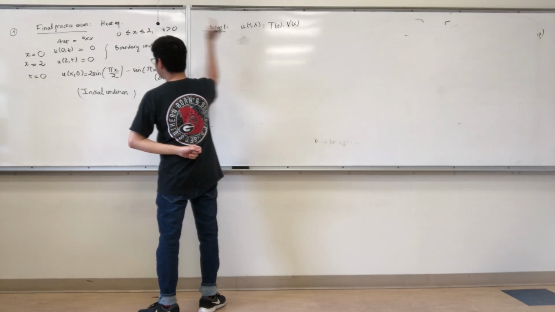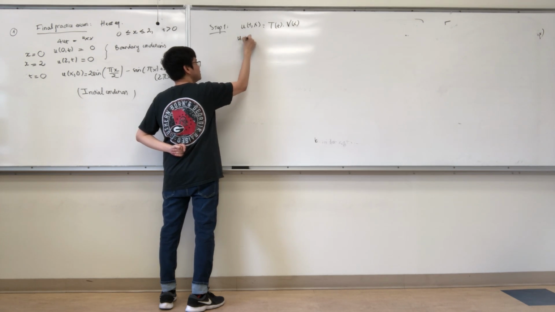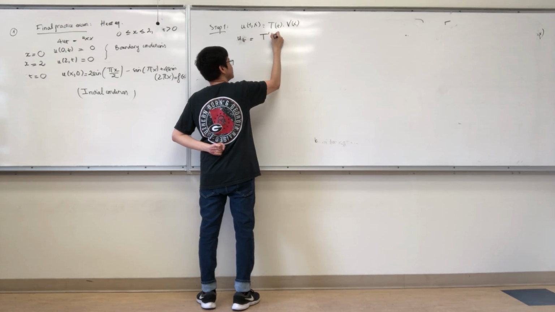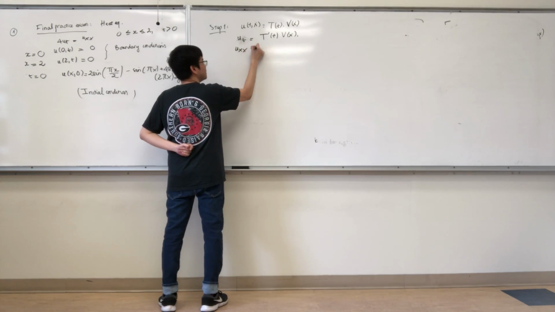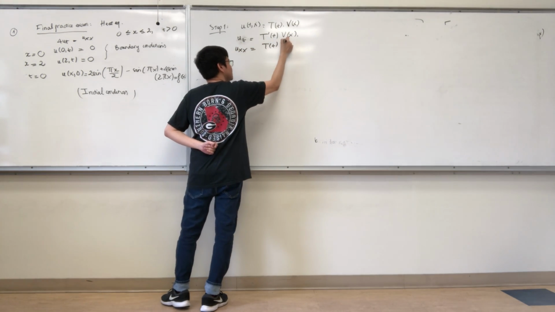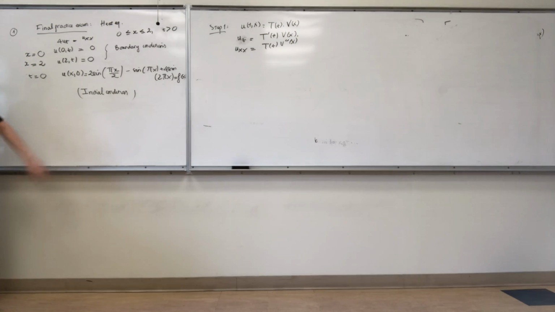Now I'm going to plug this back into the equation, right? So u_t will be T'(t) V(x), and u_xx will be T V''(x).